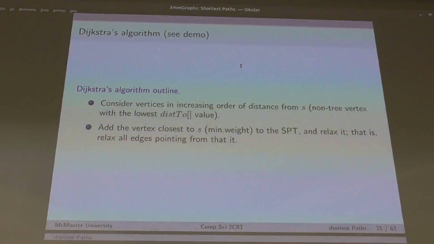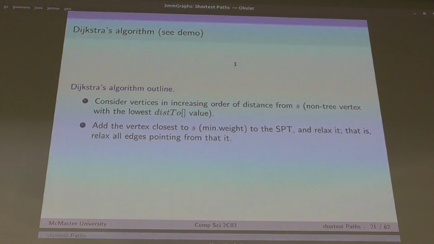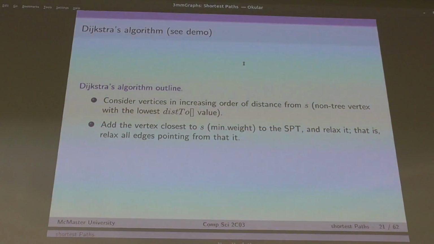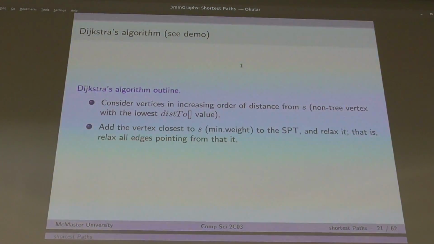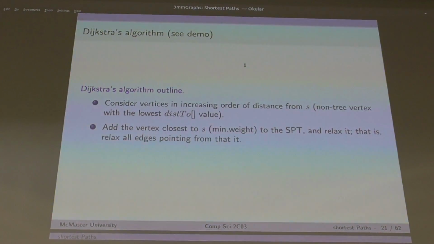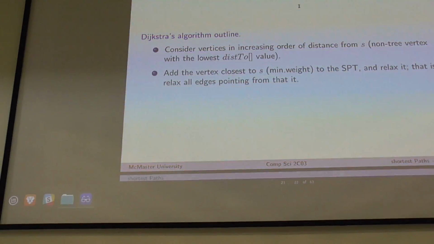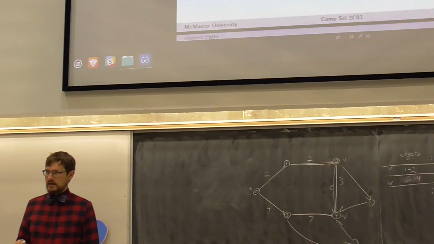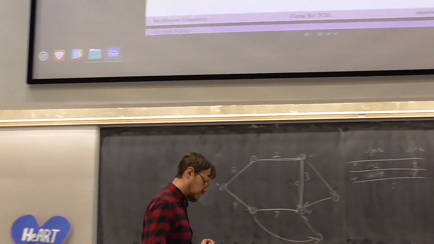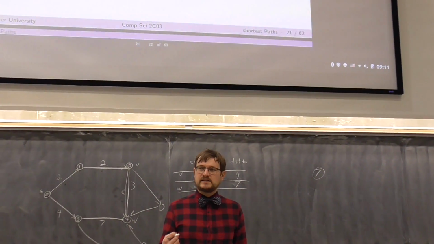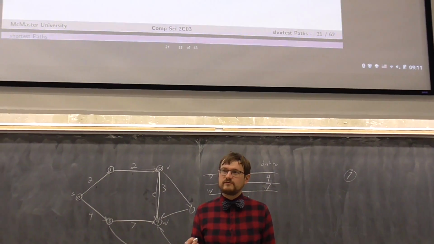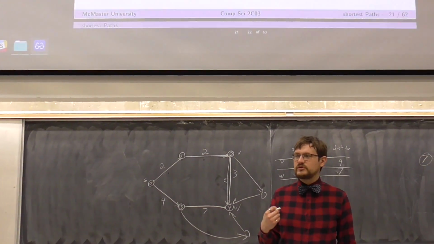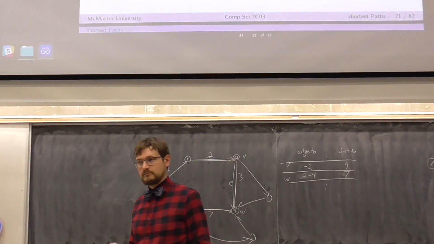So, essentially, very sort of hand-wavy description. Under Dijkstra's algorithm, we're not deciding which edges to examine. We're deciding which vertices to examine, right? Dijkstra's algorithm has this nice property that once a vertex has been fully examined, it does not need to be examined any further, right?